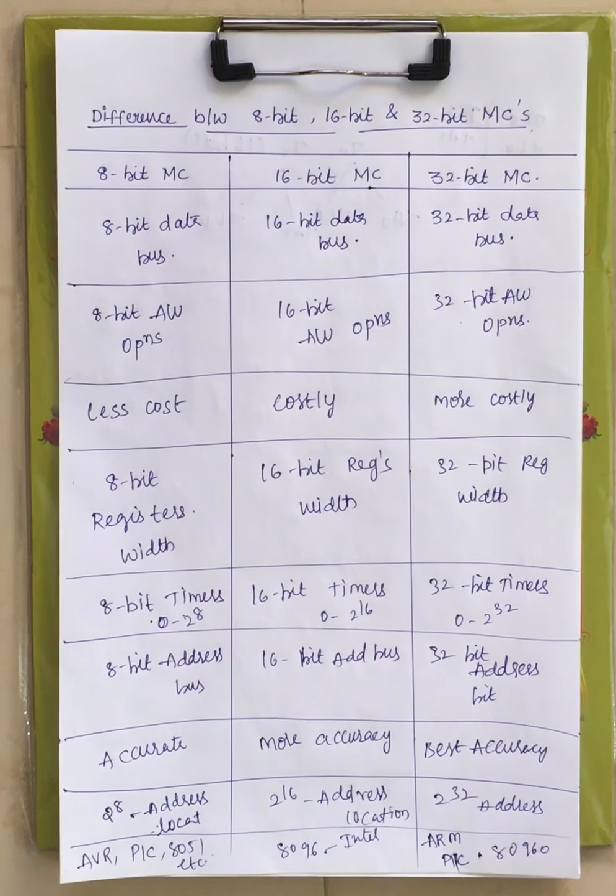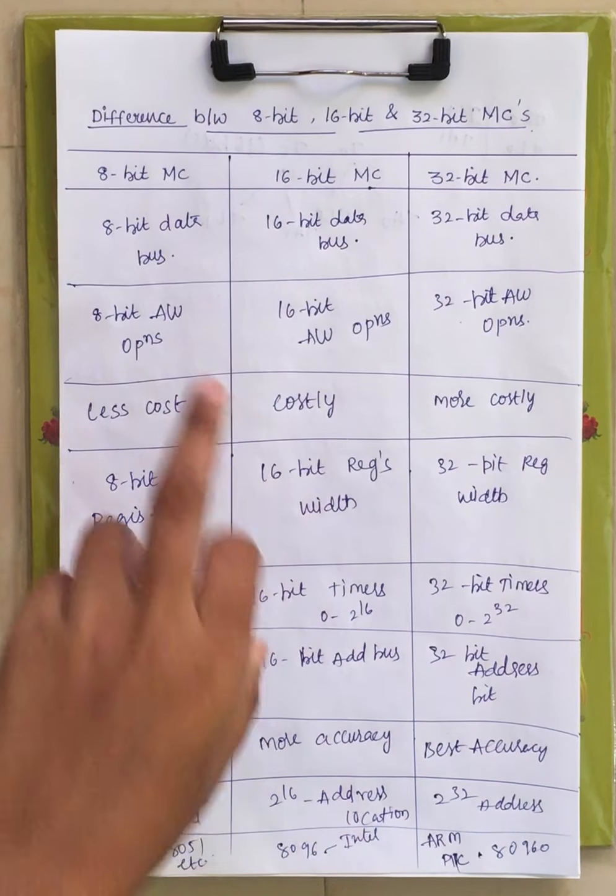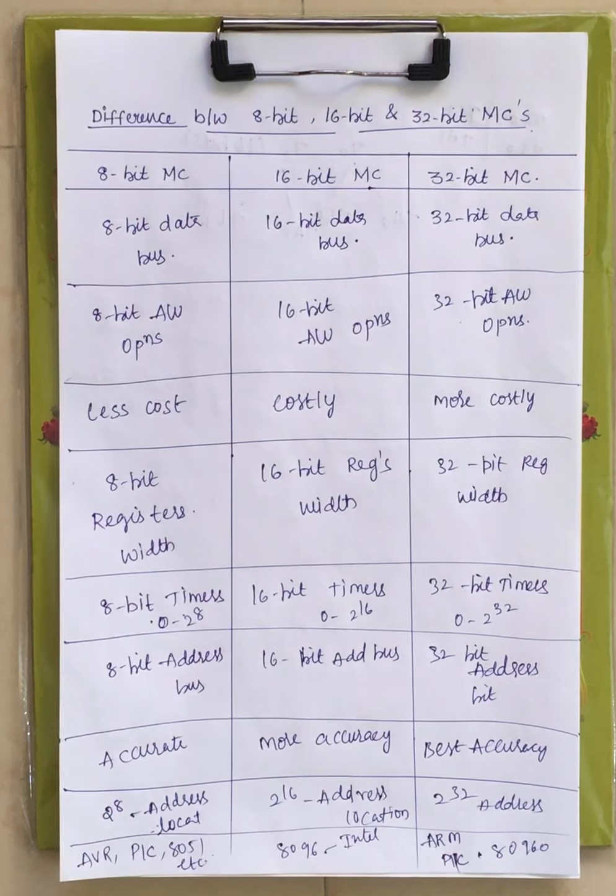Now this is the difference between 8-bit, 16-bit and 32-bit microcontrollers. The only difference is bits: how many bits of data you can perform ALU operations on. Let us see the difference one by one. The 8-bit microcontroller contains an 8-bit data bus.